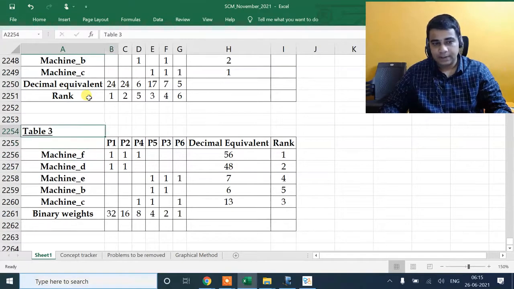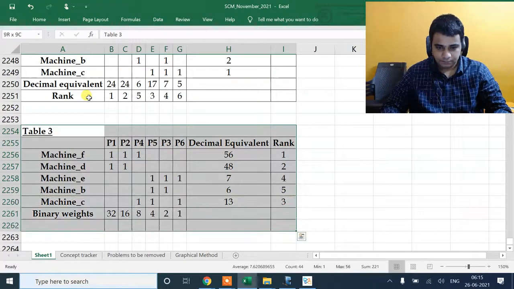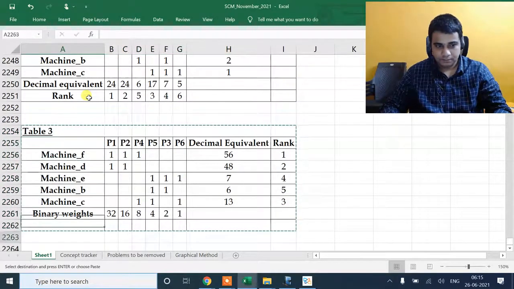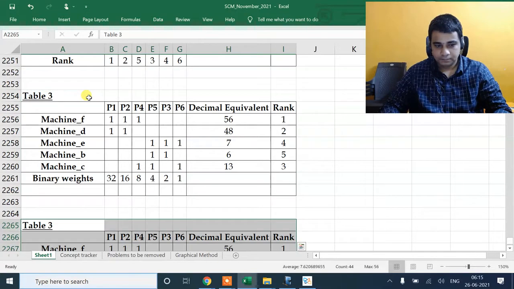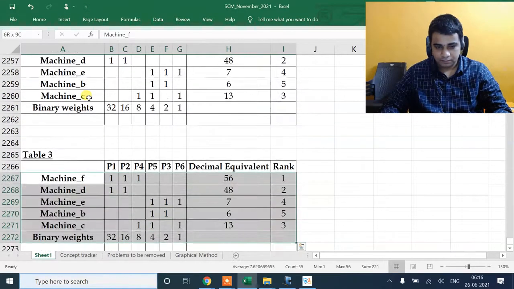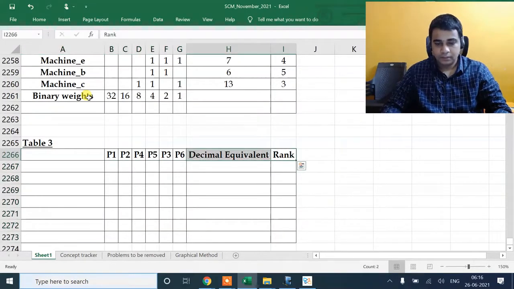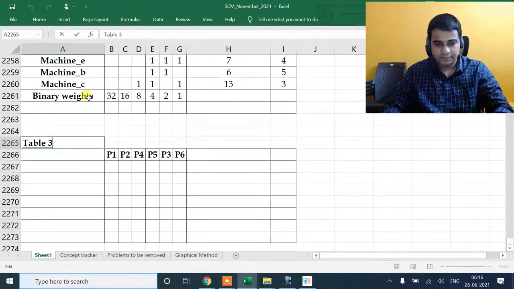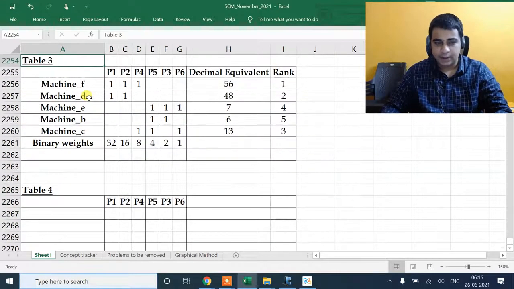Any doubts on table 3? Anyone has any doubts still doing? Let me know. If at all you have not completed, then also let me know.